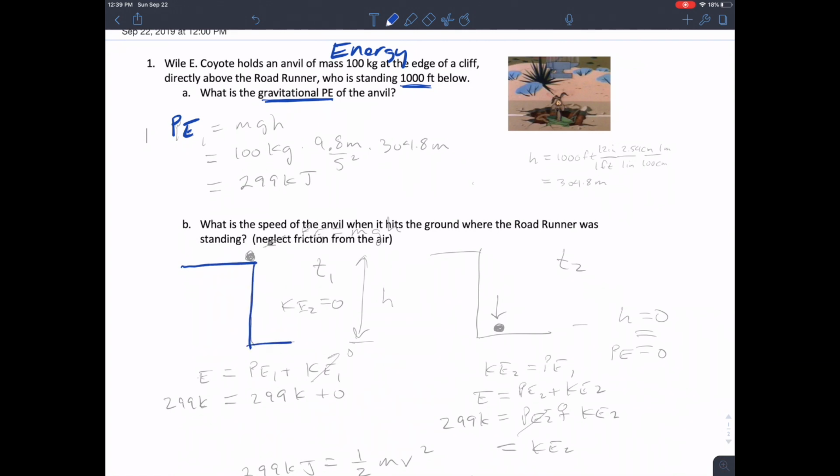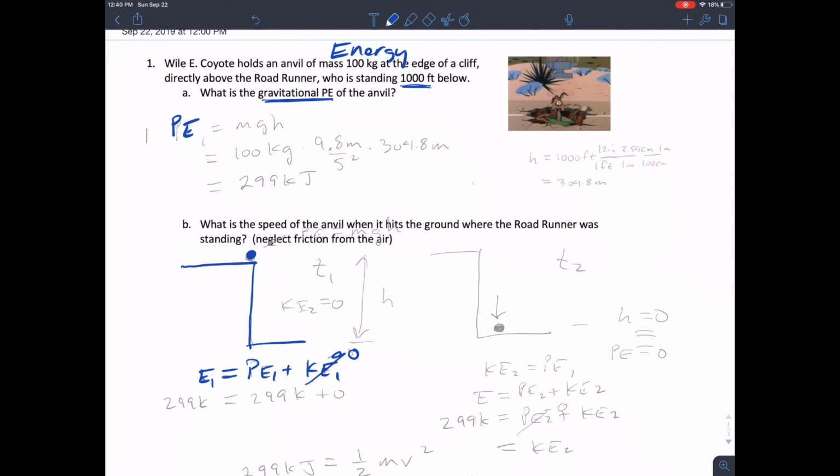All right, so here's the cliff, here's the anvil at the top of the cliff, and what we have in this situation is the energy at time 1 is the potential energy at time 1 plus the kinetic energy at time 1. But since the anvil is not moving, the kinetic energy at time 1 is 0.